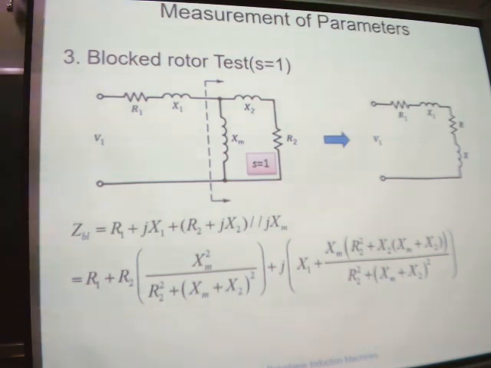We can present the reactance of the circuit because R2 is much smaller than Xm.